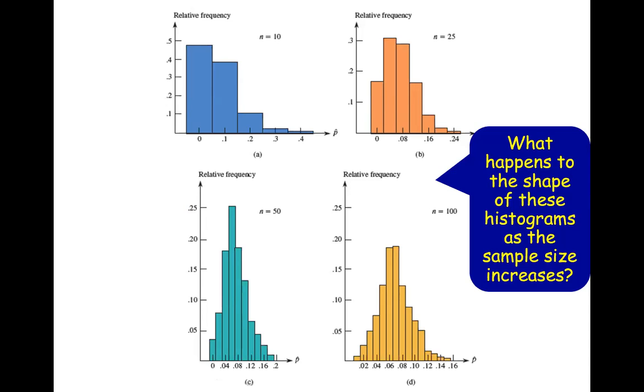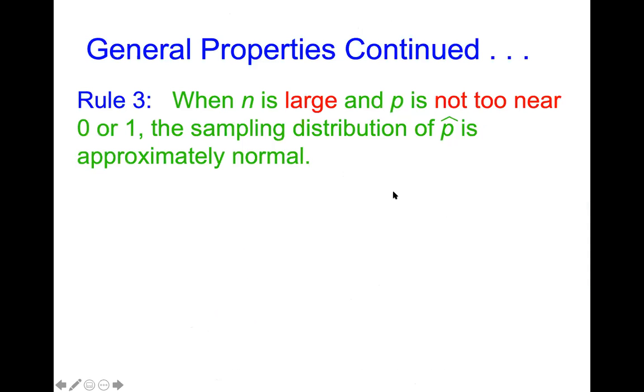We saw something similar to this with our sampling distribution of sample means, and we even had a theorem related to that. It was called the central limit theorem. But this is a little bit different. We're not using the central limit theorem here. In fact, there's another condition for proportions, and the reason it's different is because it has to do with what p is.